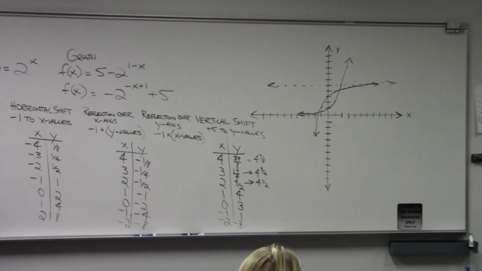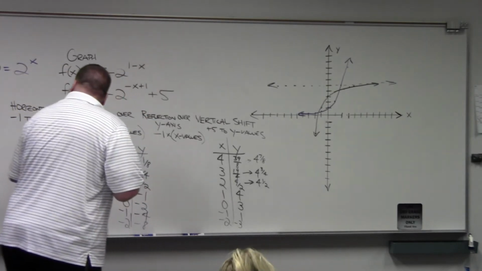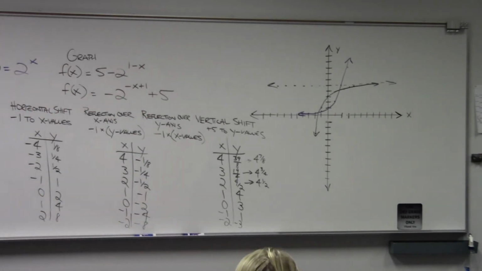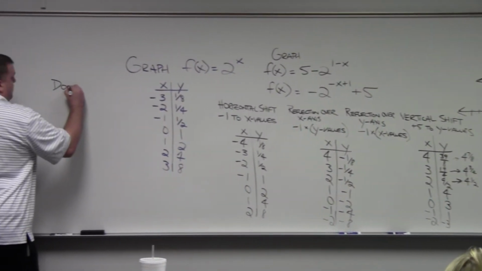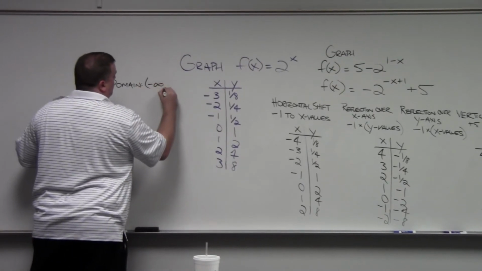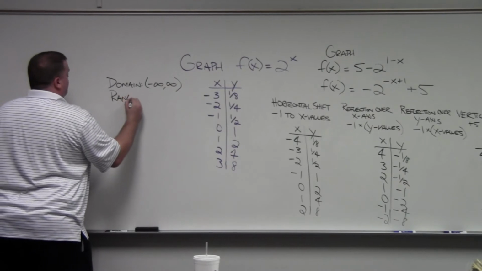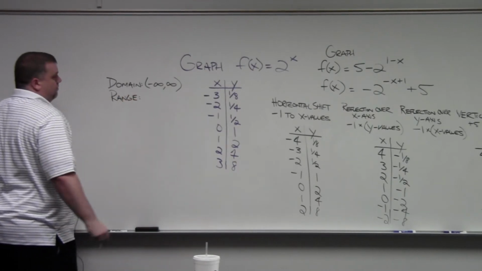So let's talk about some information about it so we can fill in those blanks. Once again, what would my domain be? All real numbers. What would my range be? Be careful.